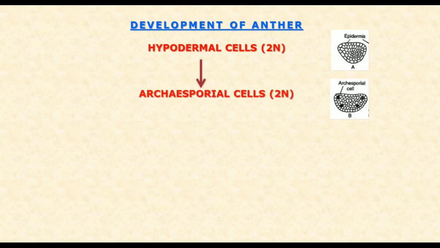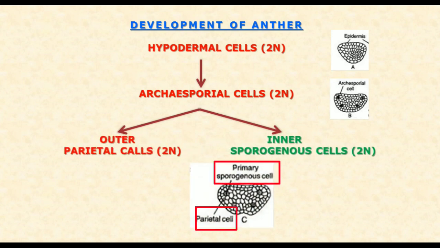Both of them are haploid. Then these archesporial cells again divide mitotically to form the outer parietal cell. You can see here, these are the archesporial cells, and they divide to form the inner primary sporogenous cell and outer primary parietal cell.